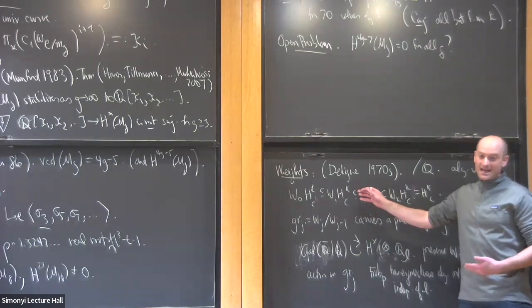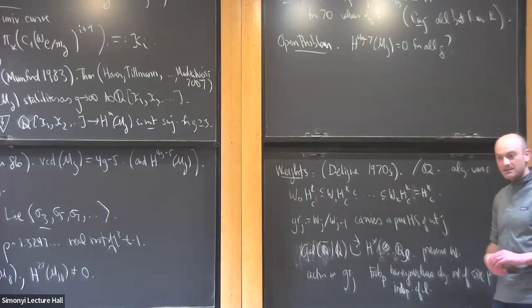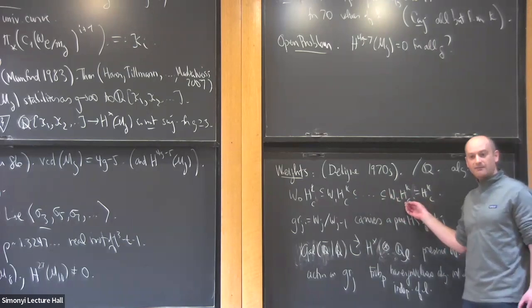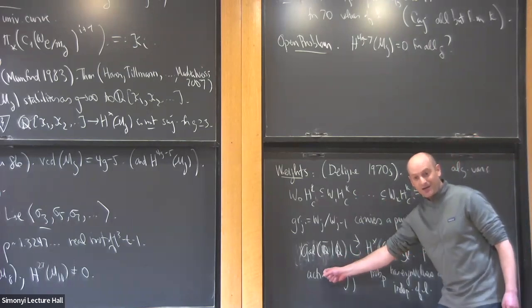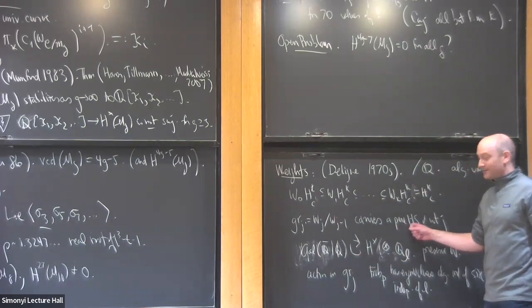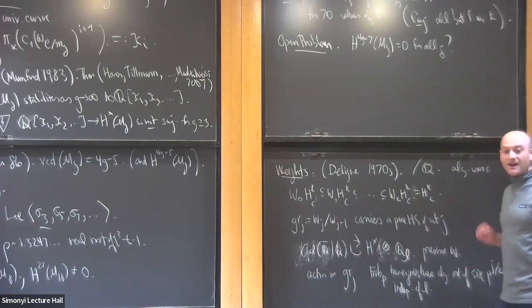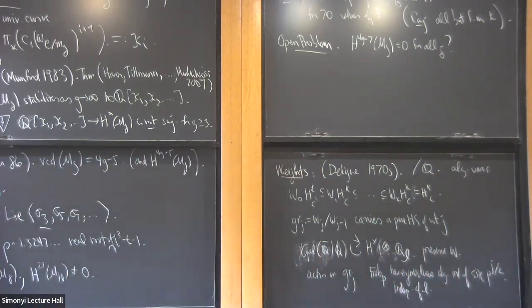And it's better than that. If you have excision sequences, or spectral sequences associated to filtrations of varieties by subvarieties, all of the arrows in those diagrams will respect these filtrations. They will commute with the action of Galois, and they will induce morphisms of Hodge structures. So W is defined to be this filtration. Now, I'm not quite yet telling you how to construct it, but I will more or less in an example in just a moment.